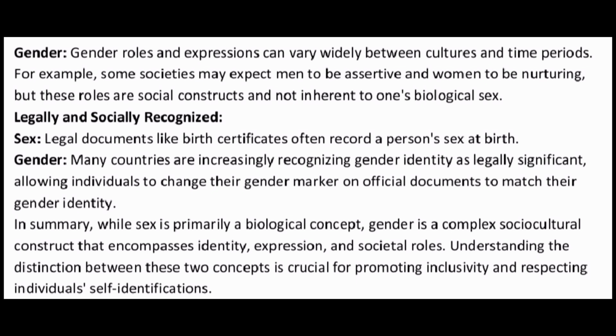It is sex. It is written sex. Why sex? Because there are two sexes, basically male and female. Of course, there is another sex also, which is known as transgender, right? Now, many countries are increasingly recognizing gender identity as legally significant, allowing individuals to change their gender marker on official documents to match their gender identity.